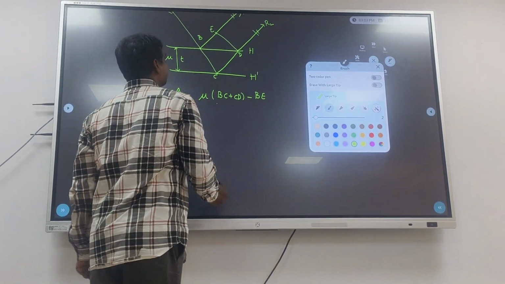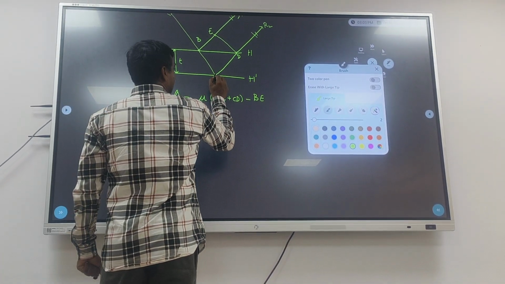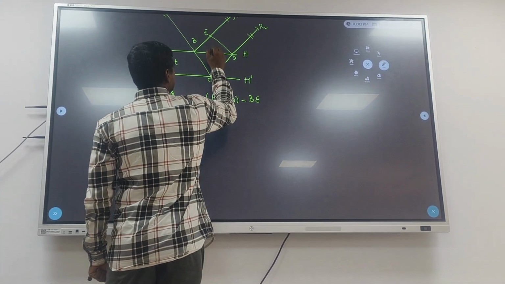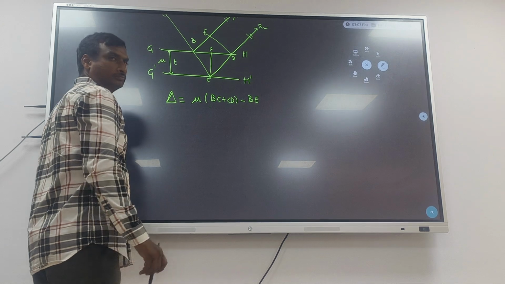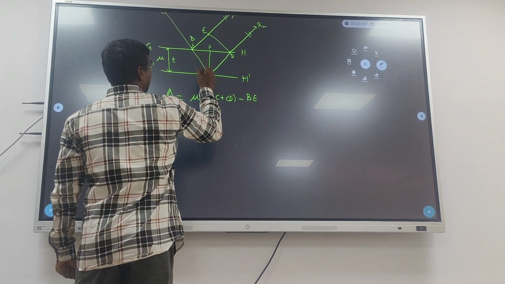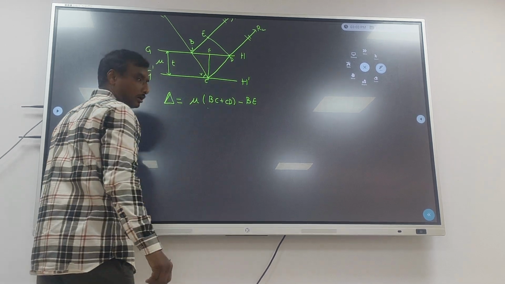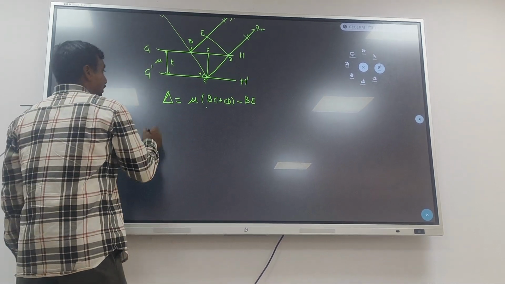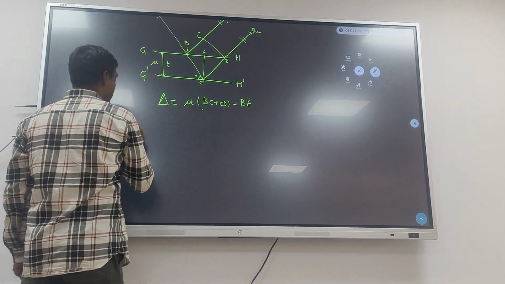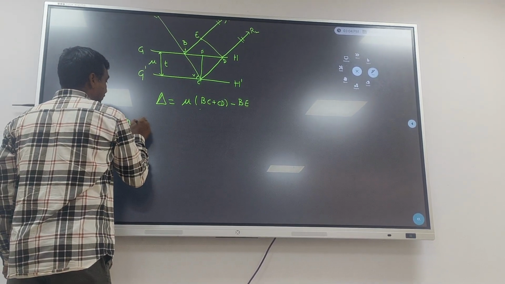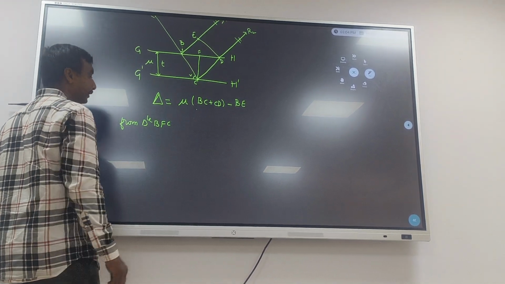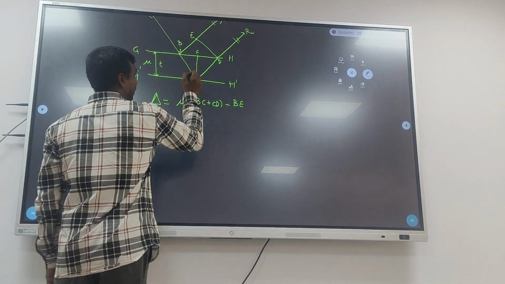So for this, we have to understand this diagram first. I am taking a normal from here to here. So this is F. The incident angle is always i and the refractive angle is always r. So from triangle BFC, take the value of r.